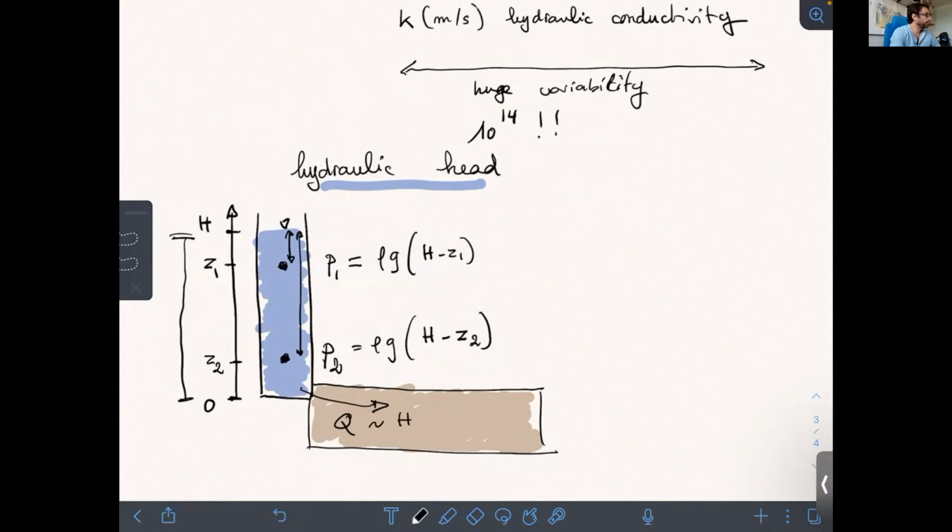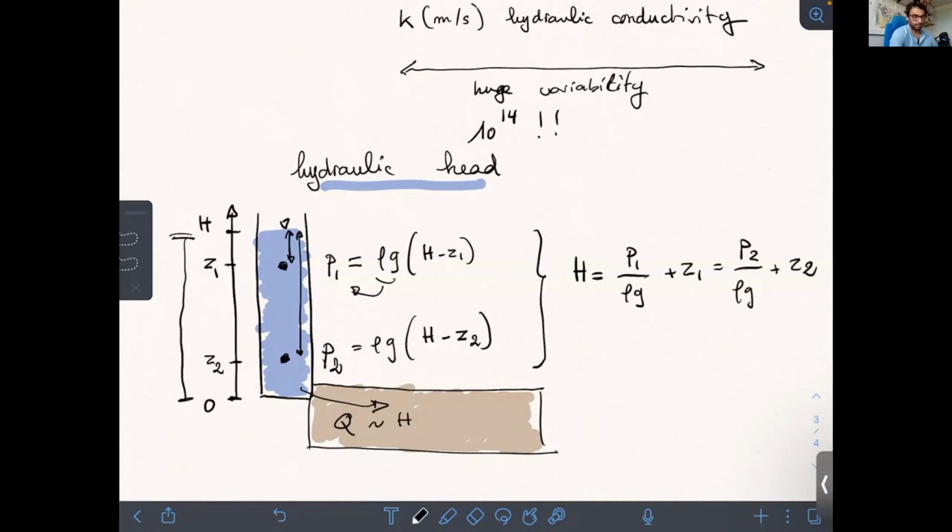So then we define that these two points have the same hydraulic head, that is big H. Okay. So big H, if I take these two equations, I can easily show that big H, if I put this rho G on the other side, is P1 over rho G plus Z1, but it's also P2 over rho G plus Z2. These two are equal.